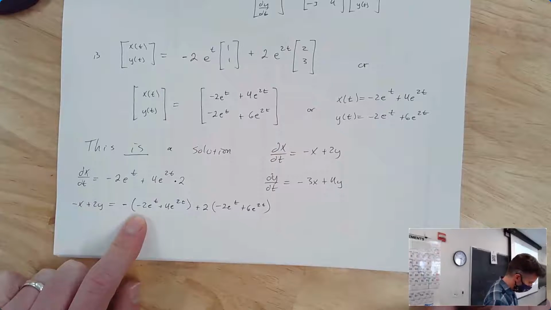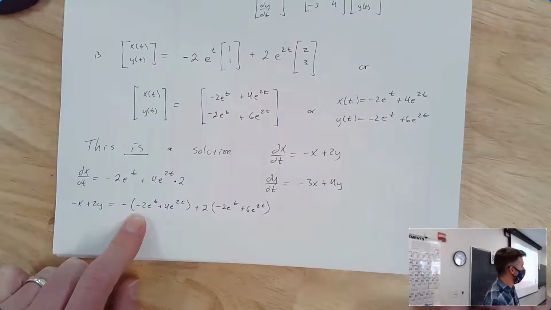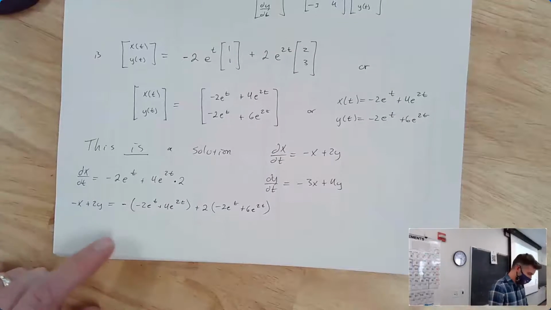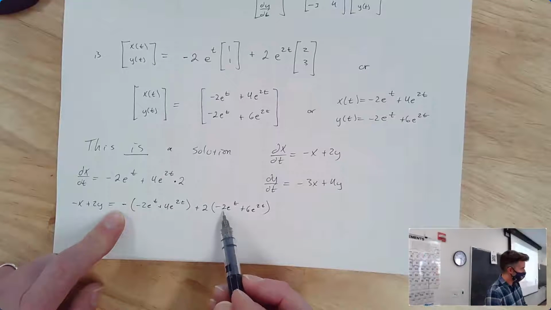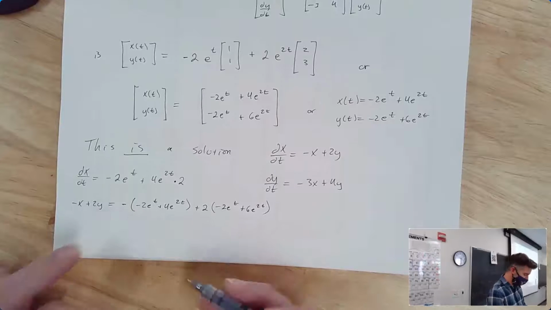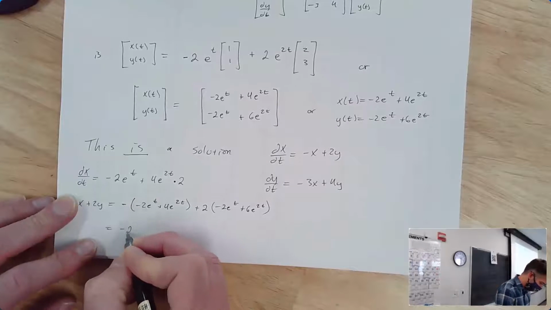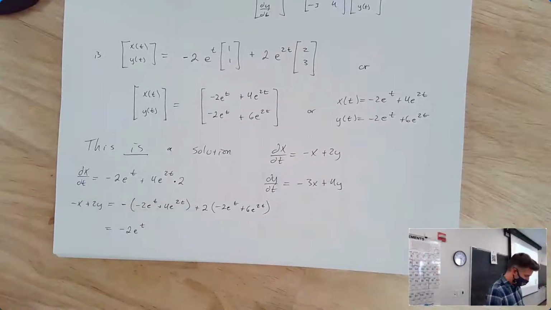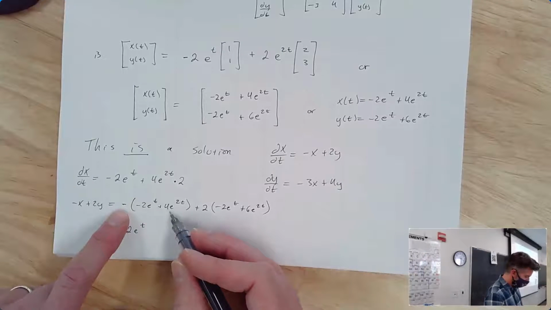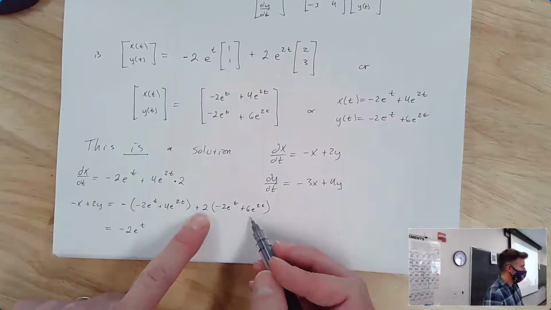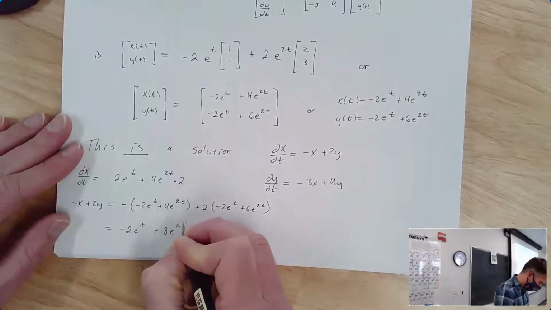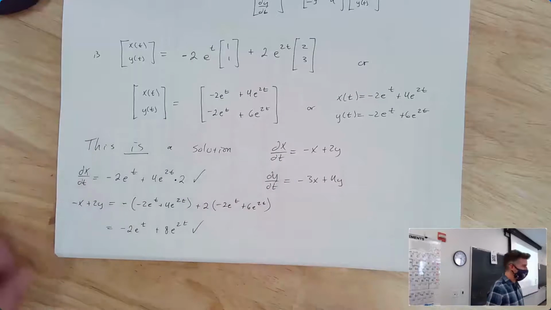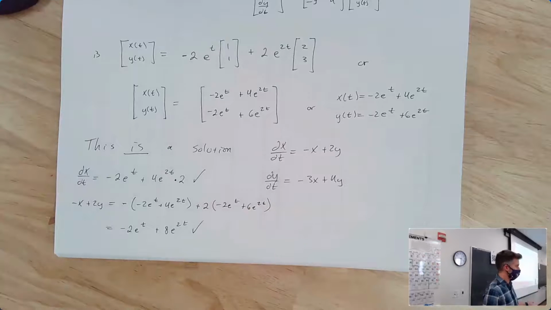Oh no, it's not wrong. I'm just making mental errors in my head. So here we've got a plus 2 e to the t. Here we've got a minus 4 e to the t, and they add up to give me a negative 2 e to the t. Good, we're on track so far. And then here I've got a minus 4 e to the 2t plus 12 e to the 2t, and negative 4 plus 12 is 8. Those are the same. Check.